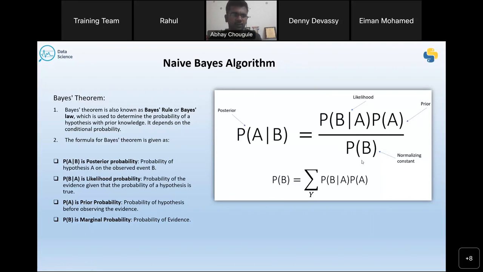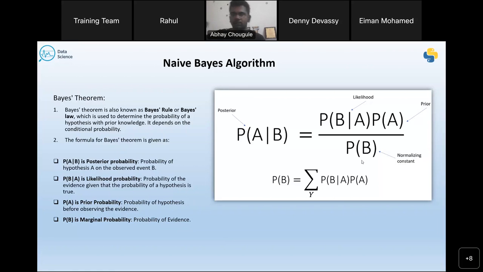It's completely based on conditional probability. Conditional probability means that if something is going to happen or some activity is going to be happening, it depends on something else; it's a kind of dependency condition. Like the threshold we discussed: in logistic regression, if the value is greater than 0.5, then this condition will occur.